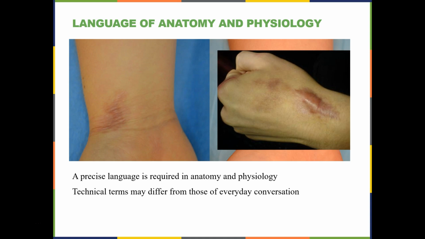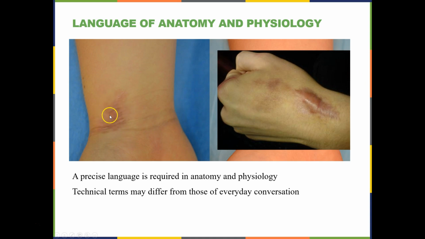If you have a scar or a wound on your wrist, the wrist is actually a large structure, and if you're trying to describe where the scar is, saying he has a scar on his wrist doesn't tell me a lot, because here you have a scar on your wrist, but here is a scar on the wrist, and which one is the scar that we're talking about? Well, it would depend on really how you describe it.